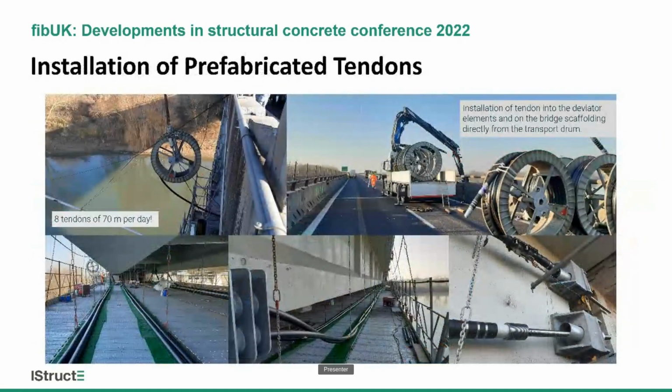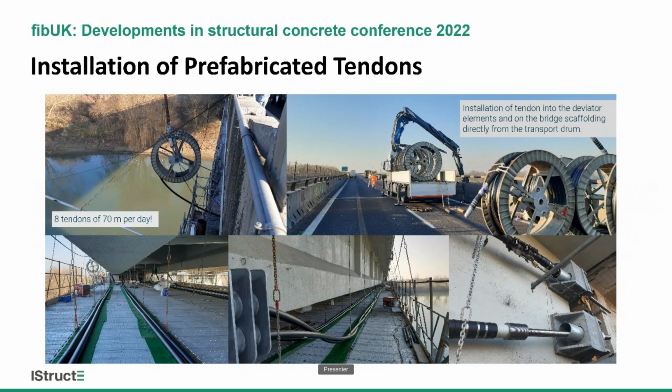Some photos from the installation process. As I mentioned, the external tendons came on drums, were positioned and then pulled in through the already pre-assembled deviators. Different views of the same.